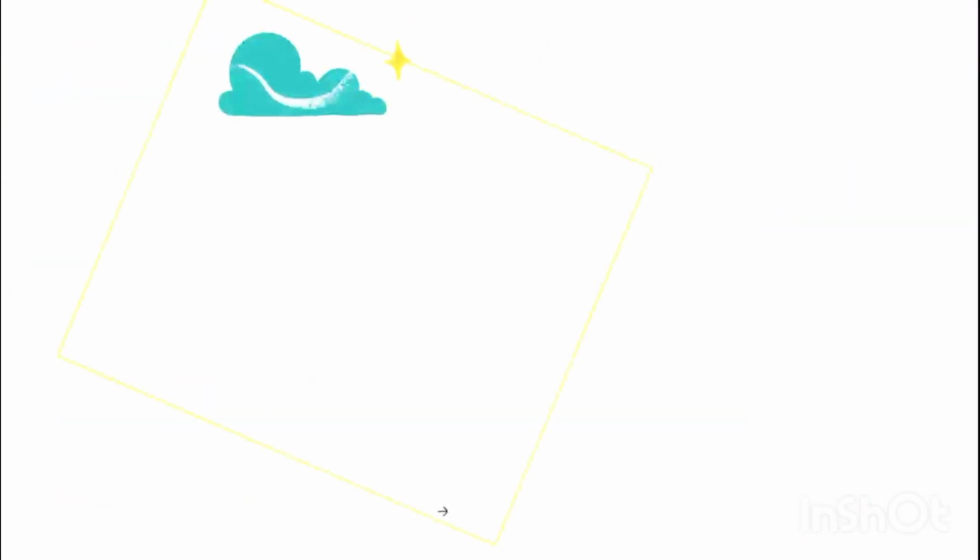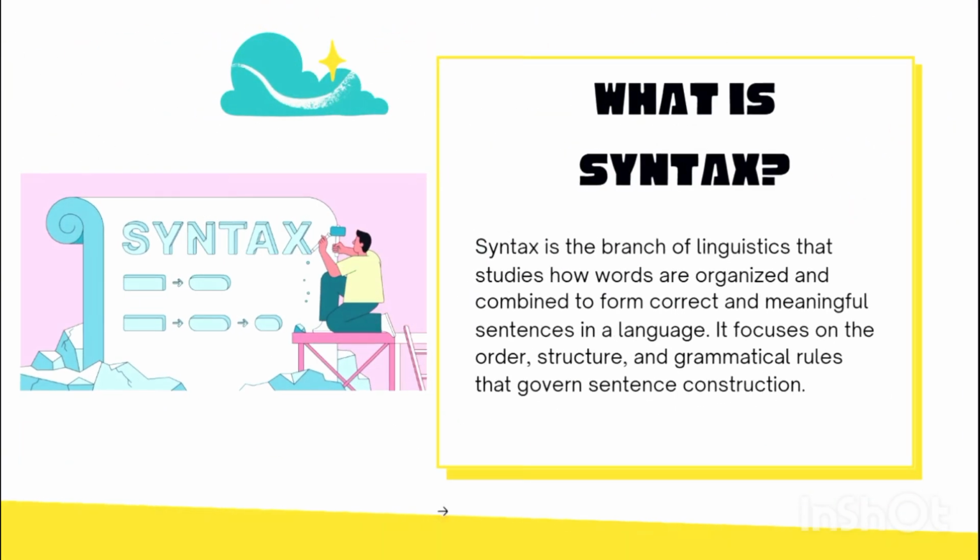The next slide, what is syntax? Syntax is the branch of linguistics that studies how words are organized and combined to form correct and meaningful sentences in a language. It focuses on the order, structure, and grammatical rules that govern sentence construction. Look at this example: in Spanish we say "el perro duerme en casa," the dog sleeps in the house, and not "no duerme casa el perro."